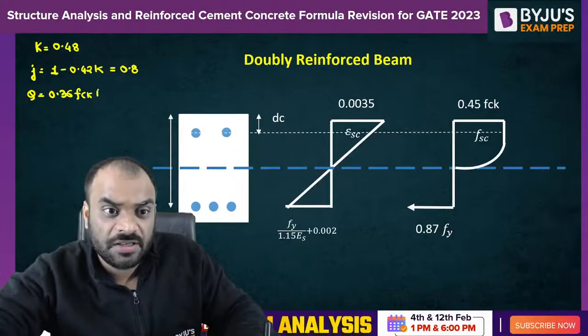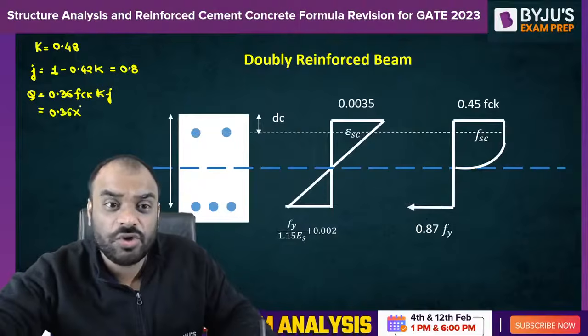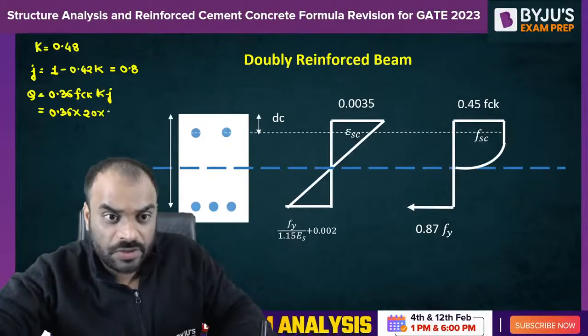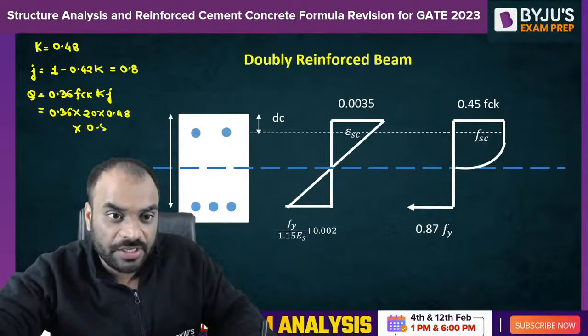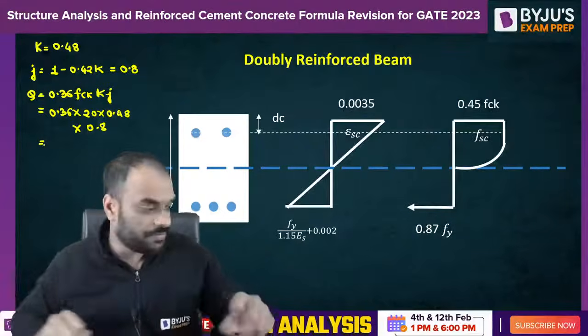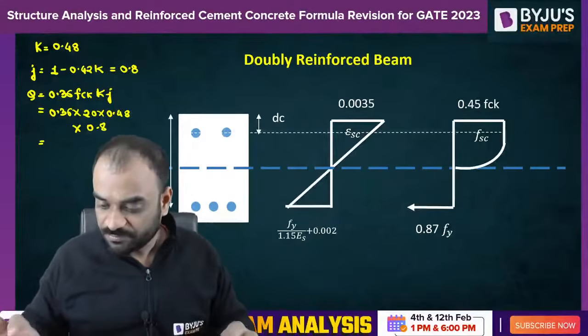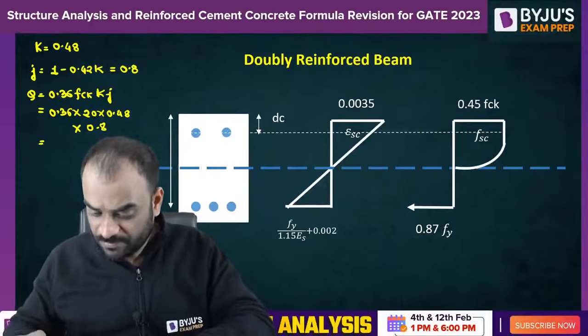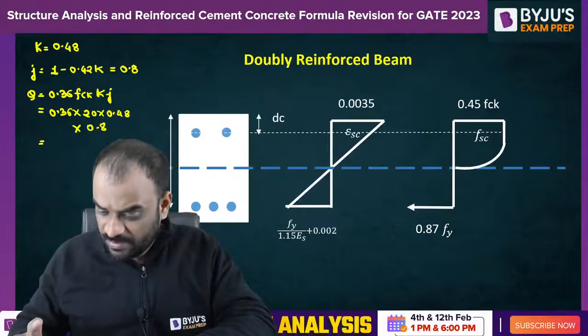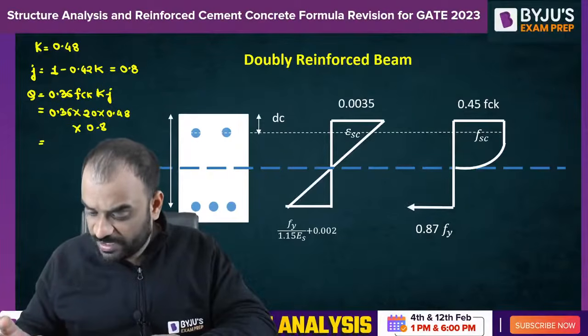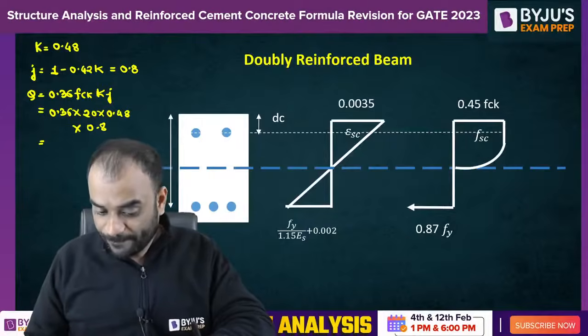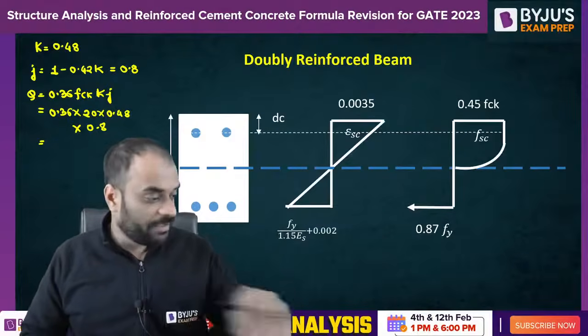Q is 0.36 fck into k into j. Kindly calculate this value. So 0.36, consider fck is equal to 20, k is equal to 0.48, and j is equal to 0.8. Do this calculation and let me know the answer in the chat box, guys, quickly. Please let me know what should be the answer for this.